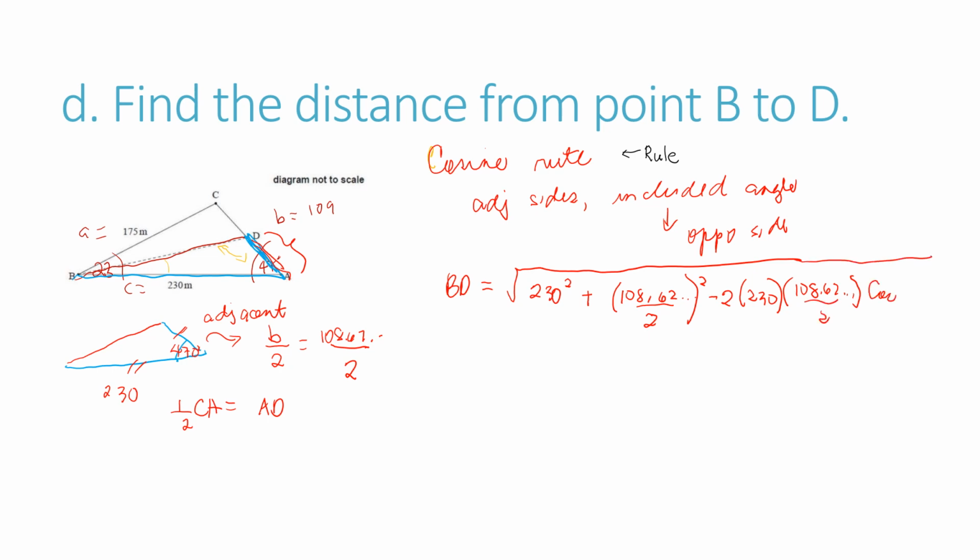Cosine A. This is also stored, 47, sorry, 47 point something. This must be also stored. So we will be using values which are original. So we'll have our BD equal to 197.009. Why are we using original values? Because it will lessen the degree of error in the solution. So we will have 197 meters. So this is distance BD.